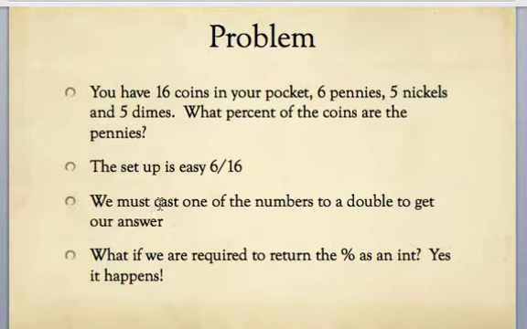So at that point, you would cast one of those two numbers into a double. In the example I had, it was going to be (double) 6 divided by 16. And so a double divided by an int will give me a double in the end, and that would be required if you want to actually return a decimal value.